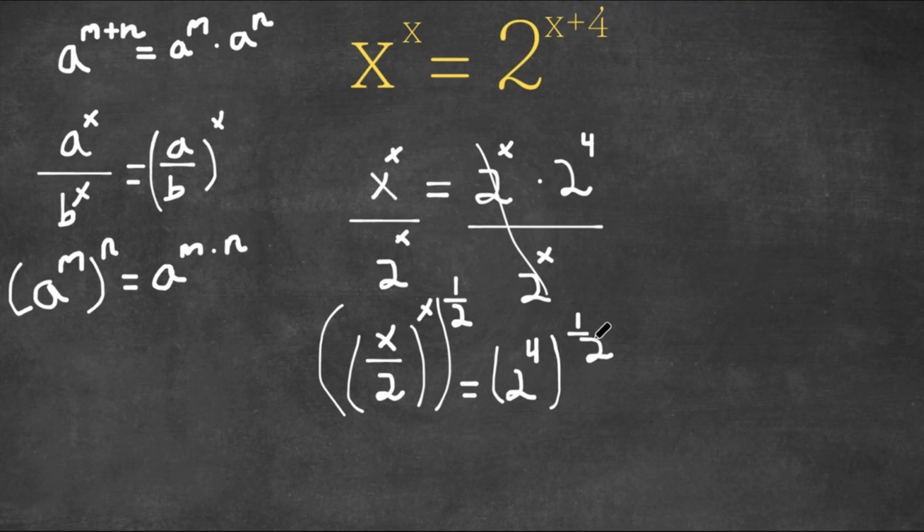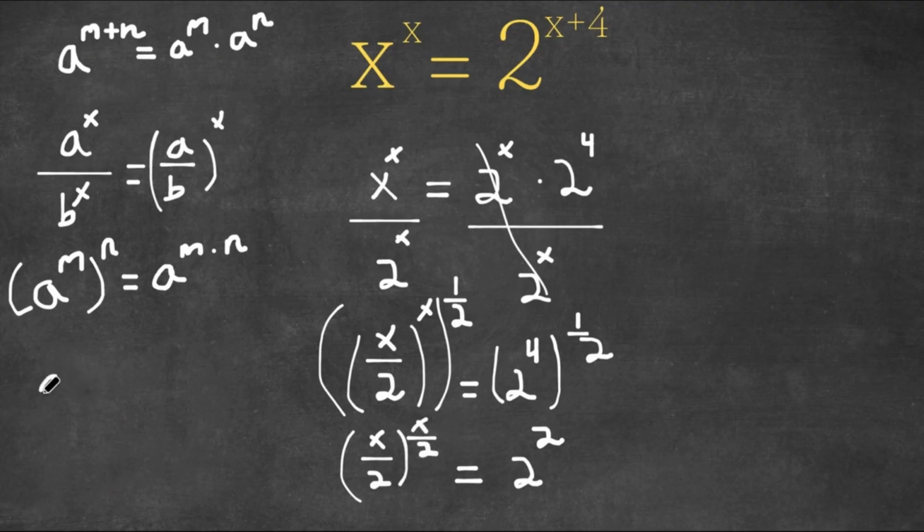So 2 to the power of 4 to the power of 1/2. Well, what's 4 times 1/2? 2. So this would be 2 to the power of 2. And for our left side here, x times 1/2 is simply just x over 2. So we would have x over 2 to the power of x over 2.